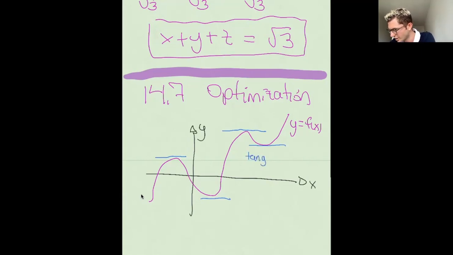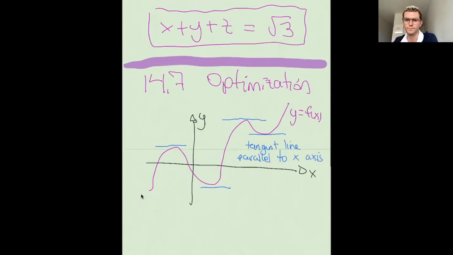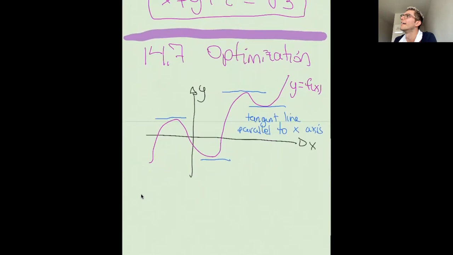So here the tangent line is parallel to the x-axis, right? And when is the line parallel to the x-axis? When the line is horizontal. And so the slope has to be 0, and so f prime of x had to be 0. That's how you found the critical points before. Is that okay? So far, so good?